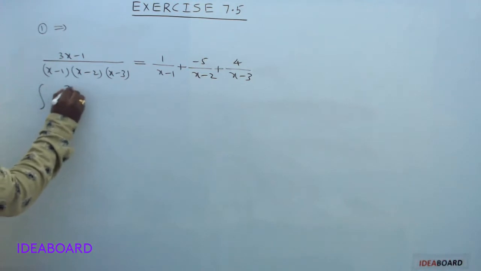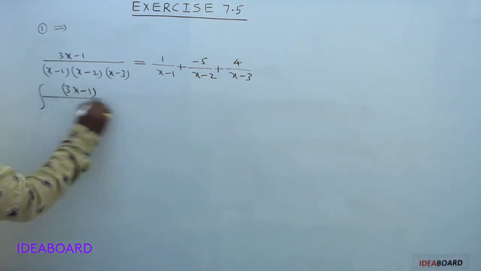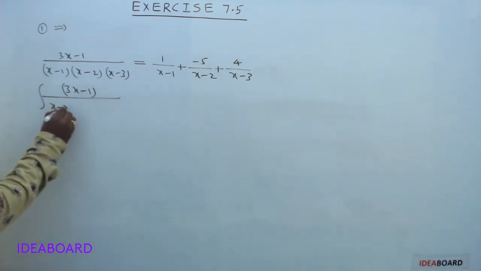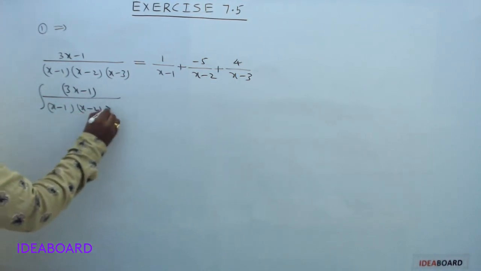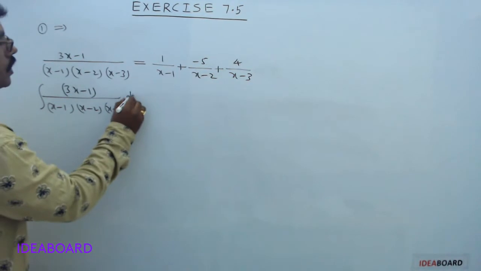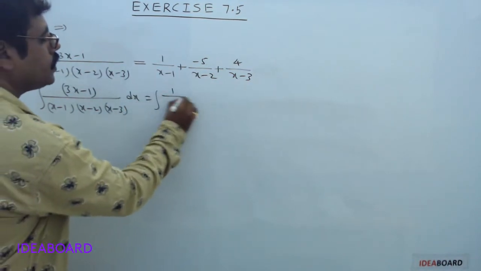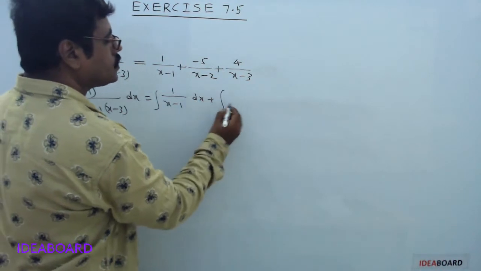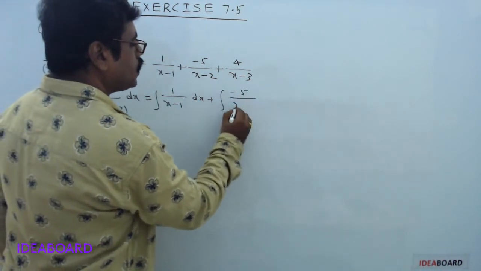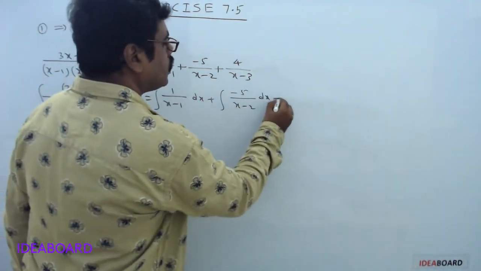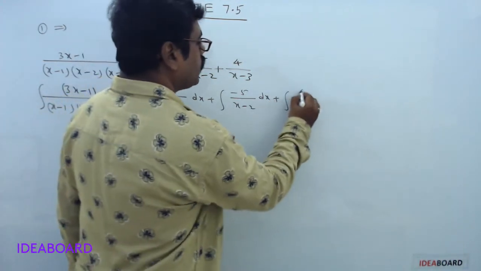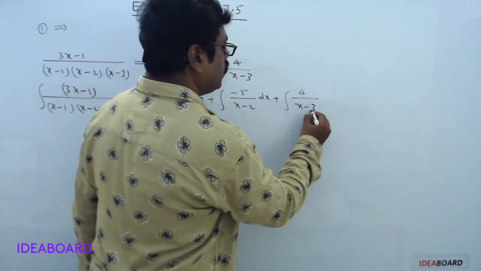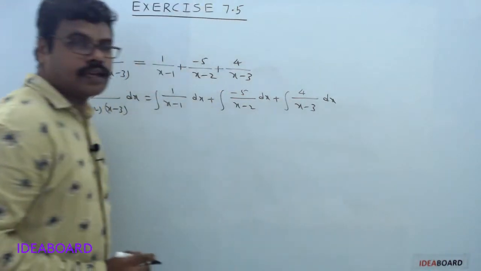So integral 3x minus 1 divided by x minus 1 into x minus 2 into x minus 3 dx equals integral 1 by x minus 1 dx plus integral minus 5 divided by x minus 2 dx plus integral 4 divided by x minus 3 dx.